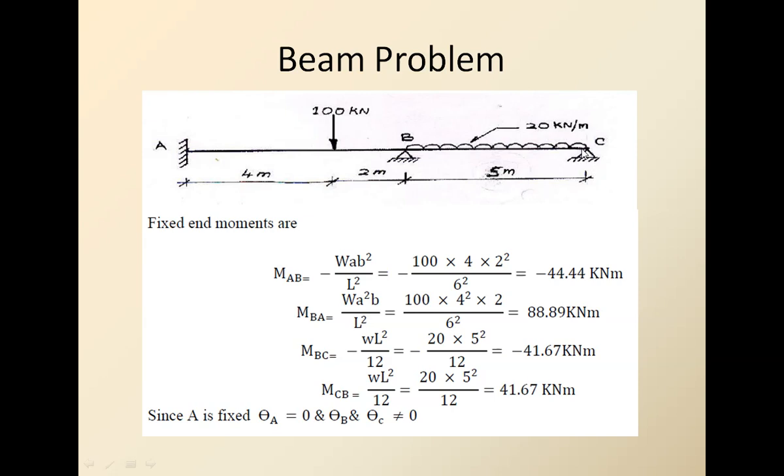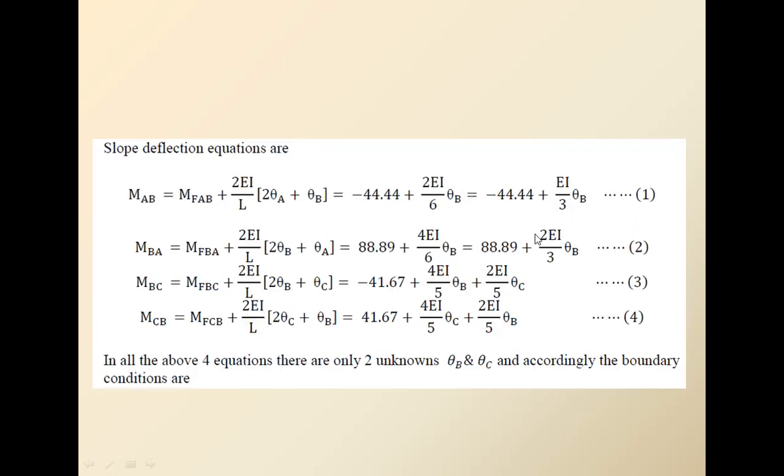And here, since there is no continuity at support C, ultimately the moment at C is equal to 0. That we will check after solving this problem. Next, after finding the fixed end moment and identifying the rotations, we have to formulate the slope deflection equation for each span.